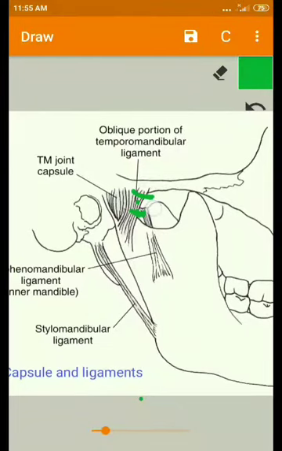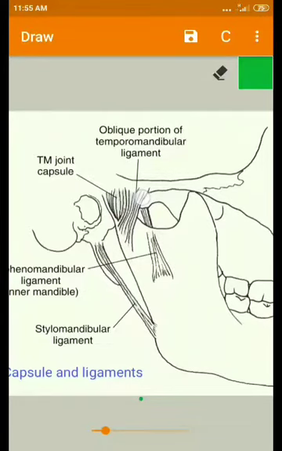So anterior dislocation of the TM joint occurs because of the weak capsule and incongruence of the articular surfaces. The common site of dislocation in the temporomandibular joint is anterior dislocation.